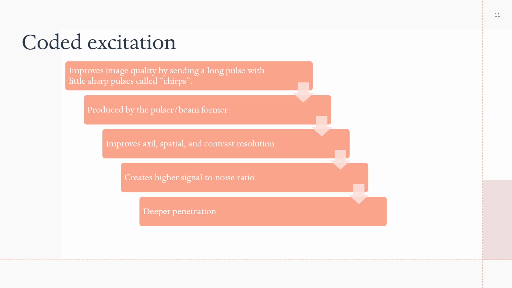It improves axial, spatial, and contrast resolution. So this gives us a lot more detail, but it also creates a higher signal to noise ratio. So it helps us ignore a lot of that noise in the surrounding image, and it helps us with deeper penetration so we can see even further into the body. So there's a lot of benefits with coded excitation.